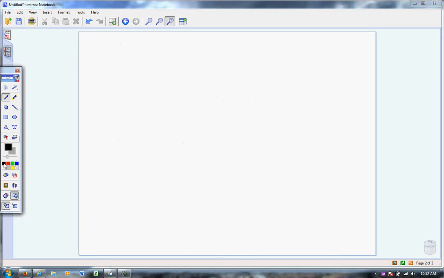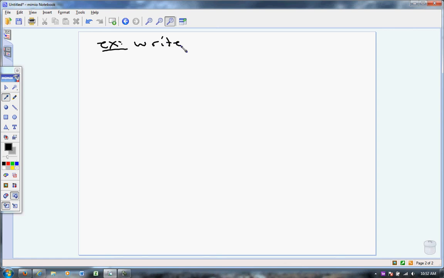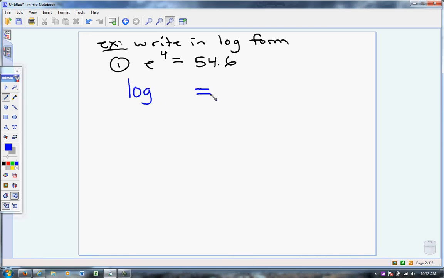You'll also have some where they ask you to go the other way. They'll say, write this in log form. So they'll give it to you in exponential form, like e to the fourth equals 54.6. They'll give it to you in exponential, and they'll tell you to go to log. So here's what I do. I just set up my little blank log and equal sign.